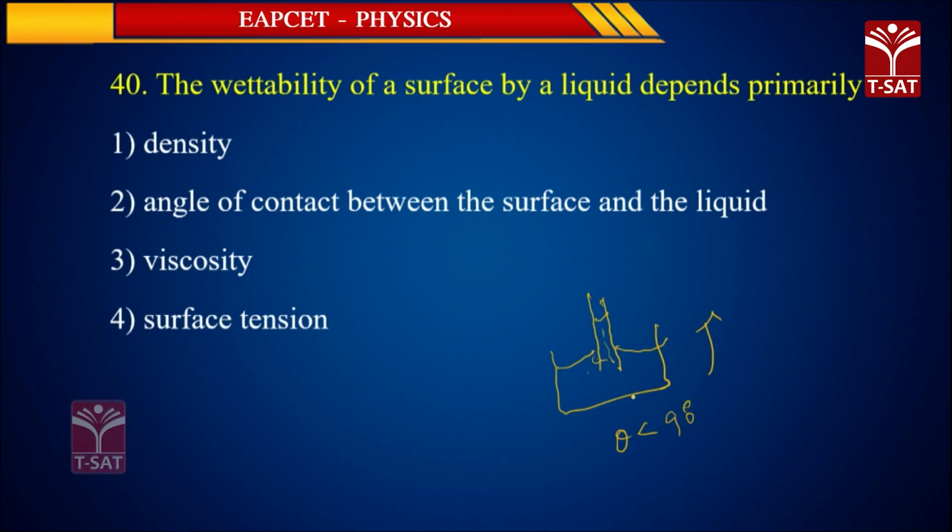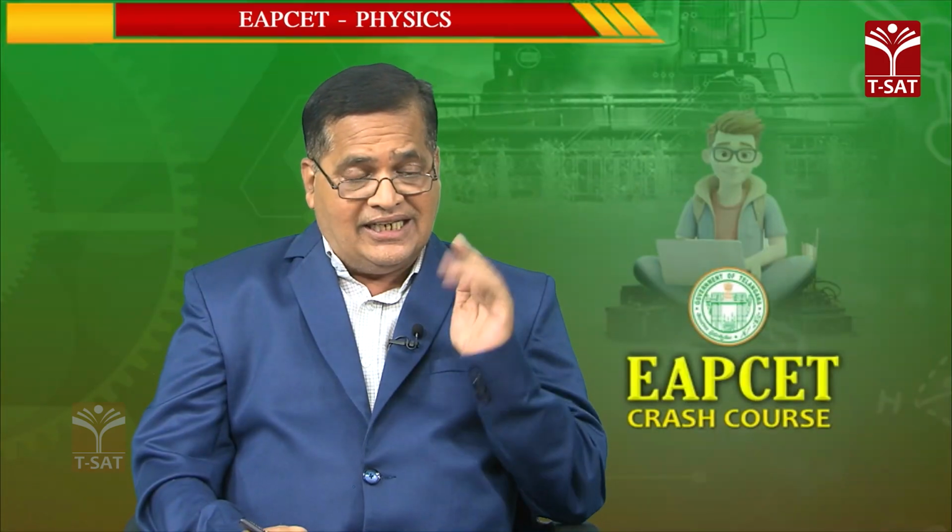Okay, so water reaches even the topmost branches of a tree because of ascending capillarity. Theta is less than 90 degrees. The angle of contact value of water is 0 degrees, remember.